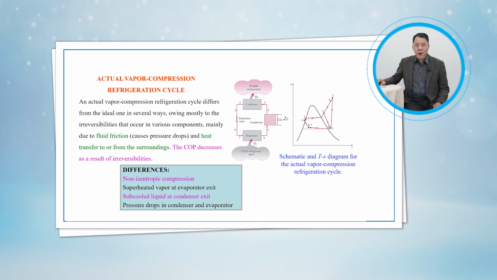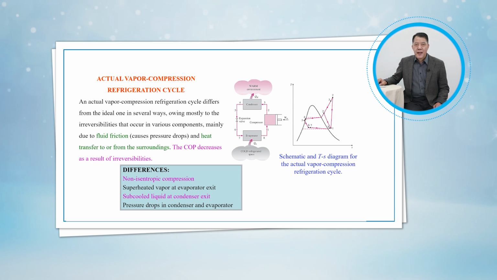An actual vapor compression refrigeration cycle is different from an ideal vapor compression refrigeration cycle as follows. The compression process is non-isentropic compression.